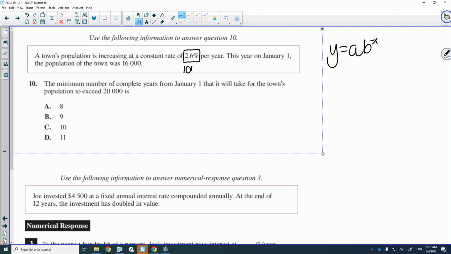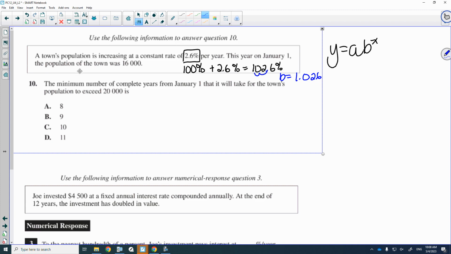That would be 100% plus 2.6%, that would be 102.6% is our growth. And then convert that to a decimal. Our B value is going to be 1.026, because it's per year.